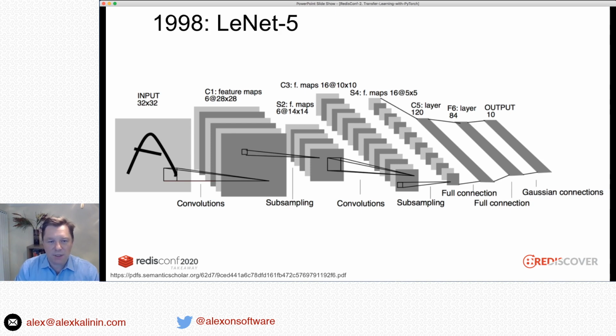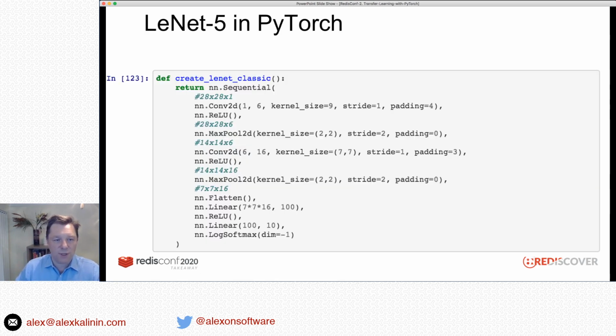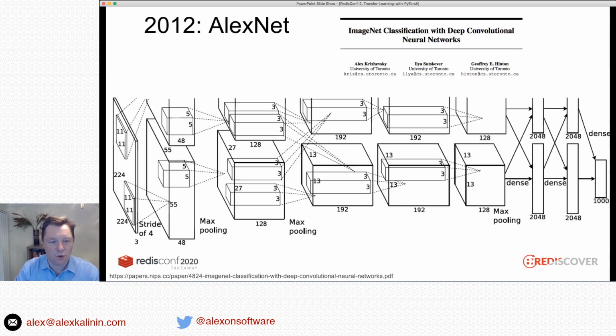And the interesting part of this neural network is that all the key features it has are the same features and elements used today, only they're just bigger, there are more layers, but otherwise these concepts remain fairly the same. So that will be a great exercise to learn the details of neural networks. In fact, in PyTorch, this is all it takes to implement LeNet 5. And we'll talk about it in more detail shortly.